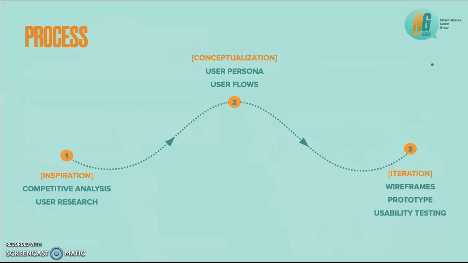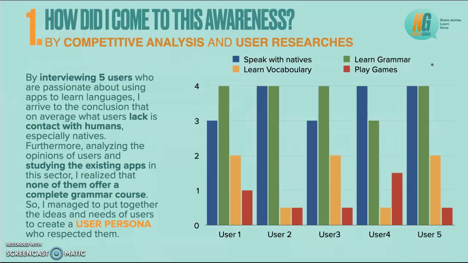But let's start from the beginning: competitive analysis and user research. I interviewed 5 users who are really passionate about using apps to learn languages. I arrived at the conclusion that, on average, all my users had a big lack of contact with humans when they were learning a new language.